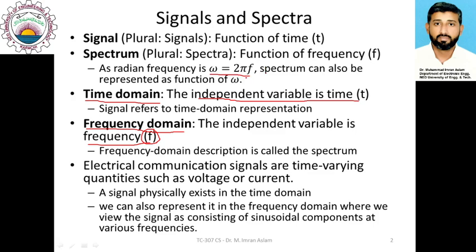By using this relationship, we can transform any function of f into omega and vice versa. However, we will be focusing on the cyclic frequency f for representing the frequency domain functions or spectrum.